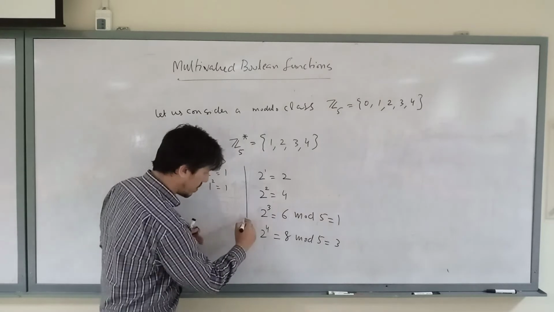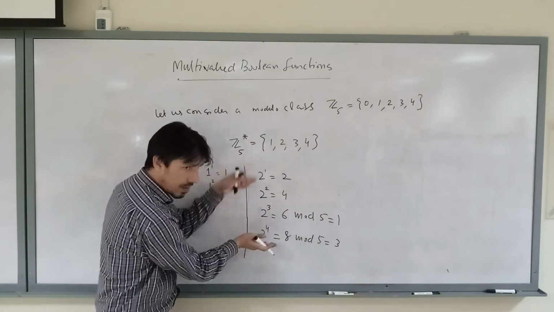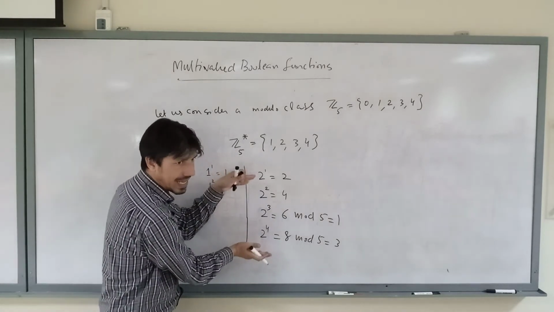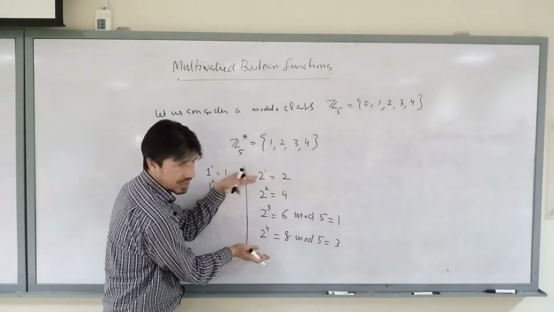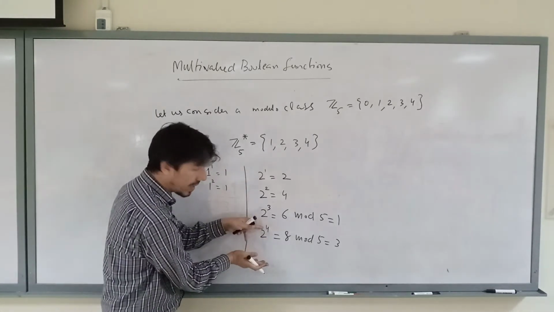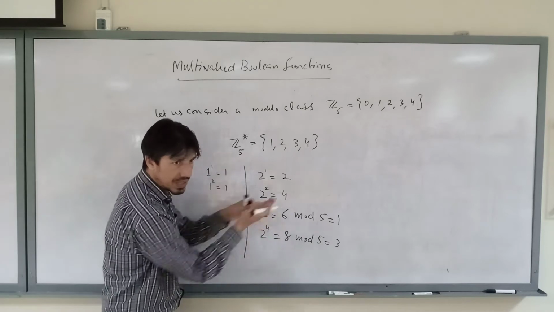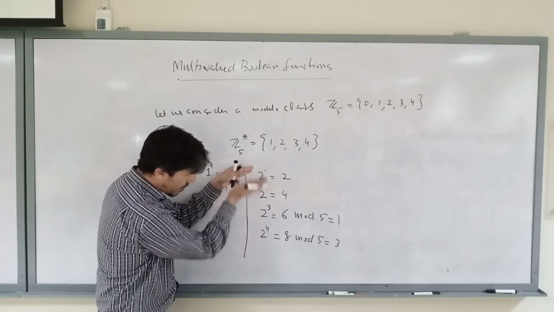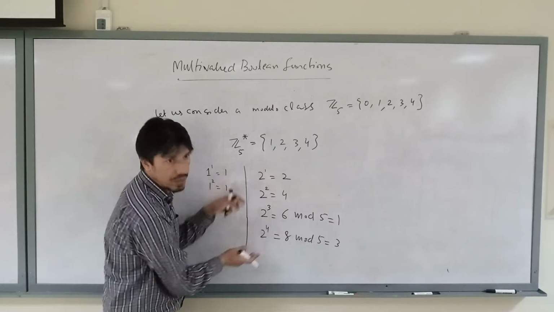If you see this, it generates all the distinct elements without repetition. But when n is 4, it will generate repetition. Before this 4, there is no repetition.